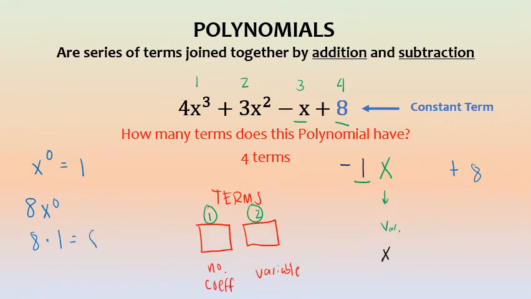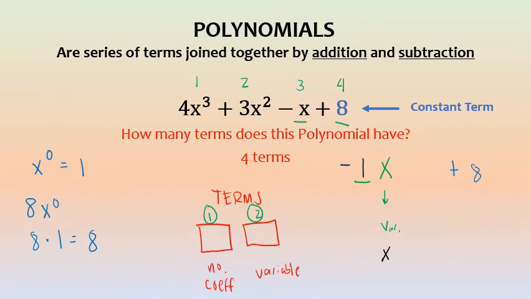This is also equal to positive 8. So meaning, meron tayong nakalagay dito sa tabi ni 8, may imaginary tayo dito na x raised to 0. So still it has a variable. Hindi lang natin nakikita. Okay? Therefore, this is a polynomial with 4 terms. Okay?